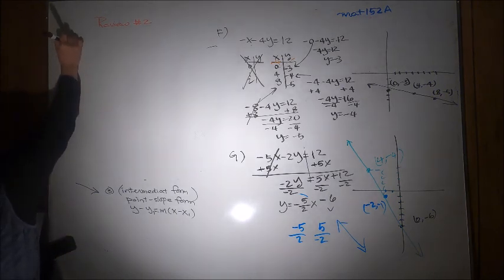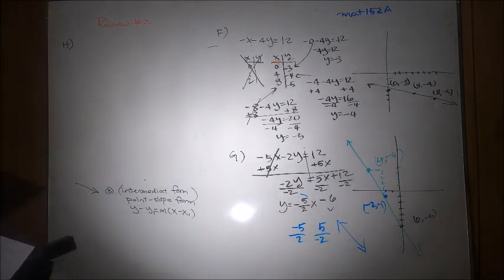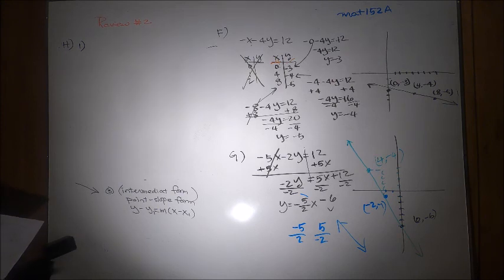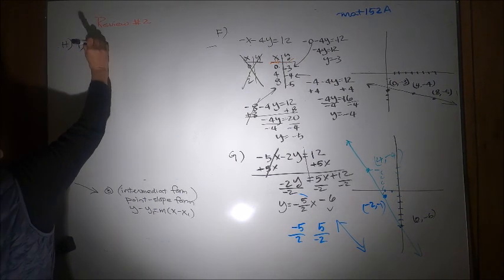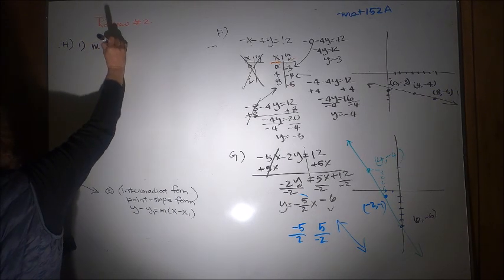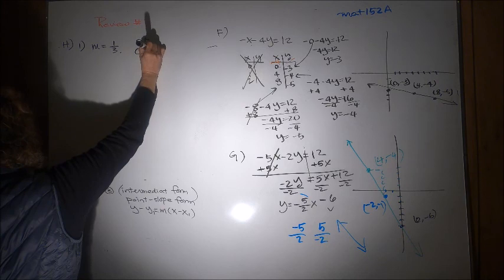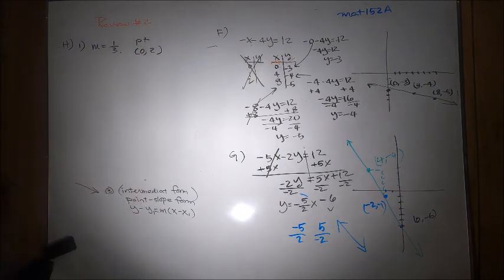Let's see, first one. Okay, so first one, it says write an equation of the line, use a slope. Slope is what? 1/3 and passing through this point, 0 and 2, right?